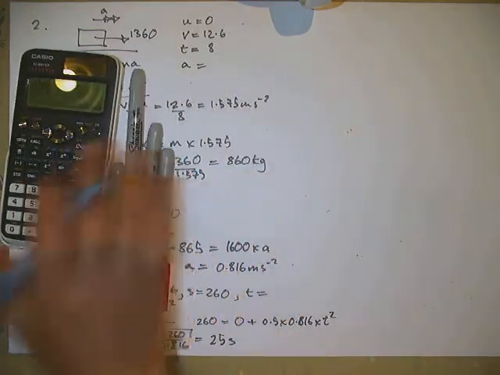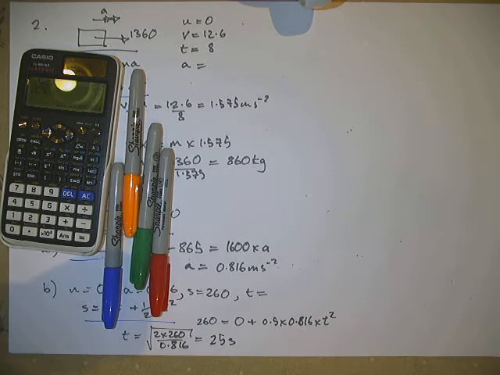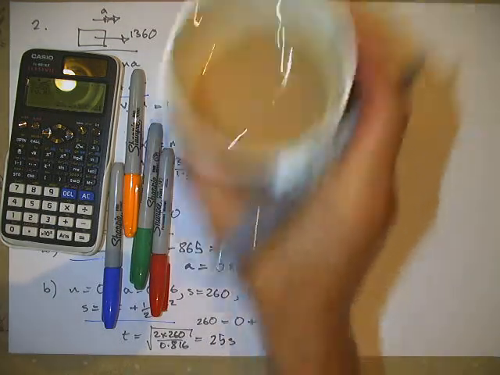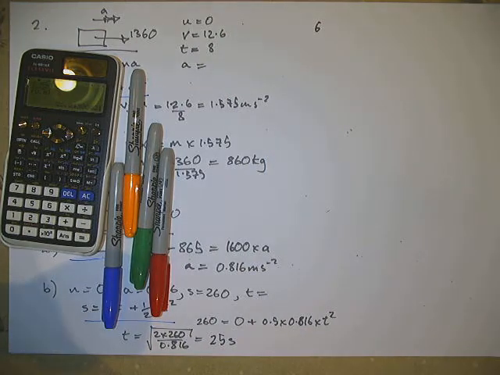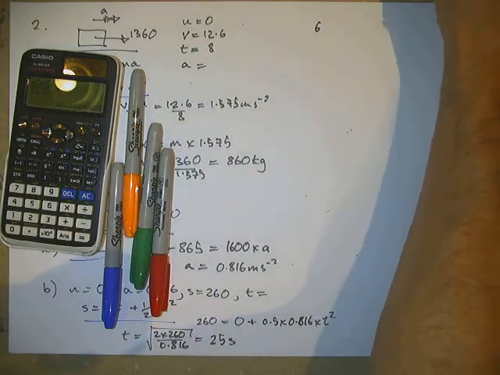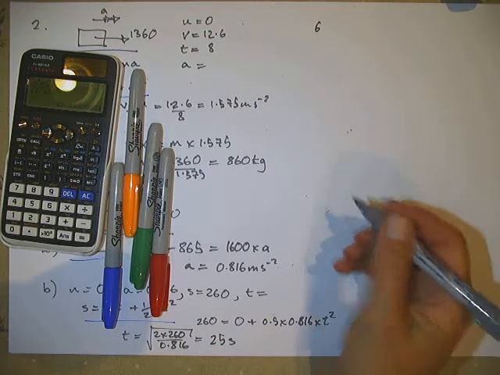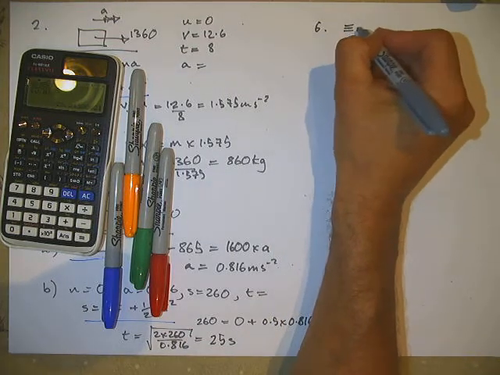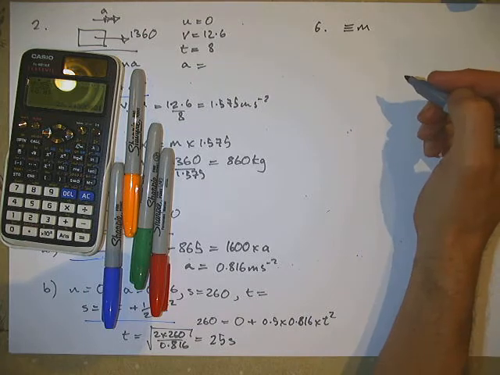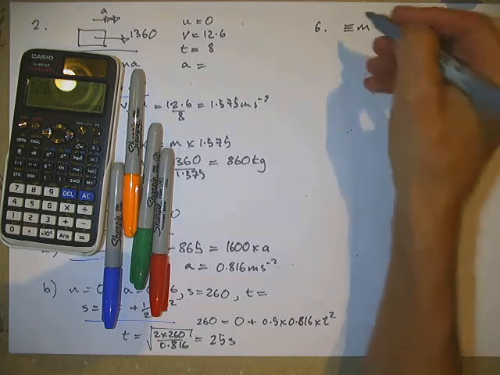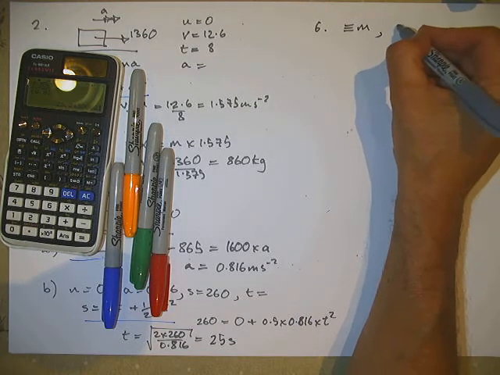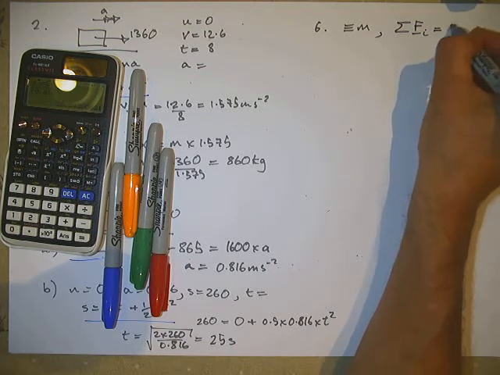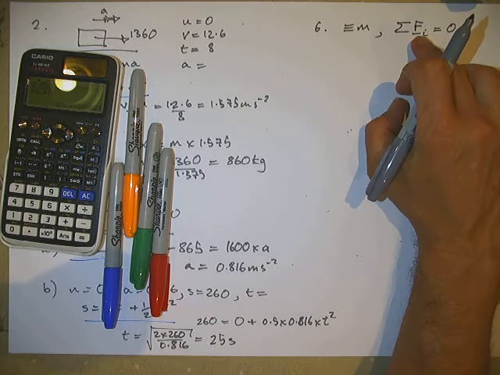Let's have a look at question 6. Question 6, a particle is in equilibrium. It's in vector notation with 3 forces, so I would always start with equilibrium. The total of the forces is 0, and I always respect the vector.